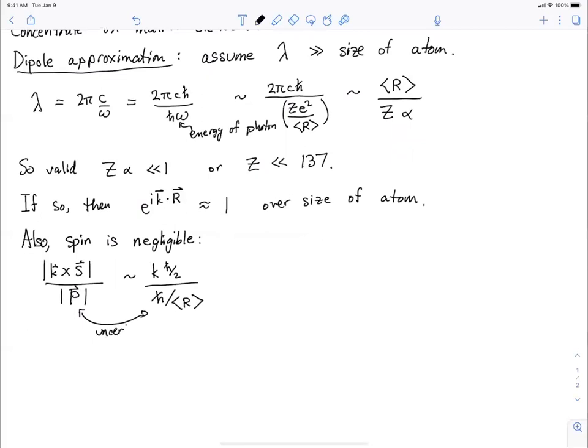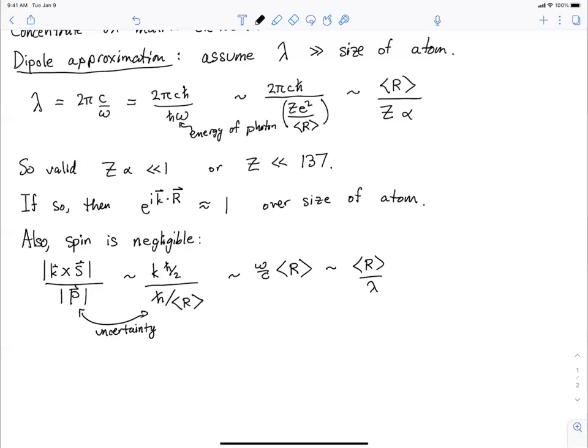which says if you know the size of the atom, or if you know that you're within the size of the atom, then your momentum is in some range that's comparable to h bar over that. Okay, so then we can write that as, using the relation between k and omega, omega over c times the typical size of the atom, which is otherwise known as the typical size of the atom divided by lambda.